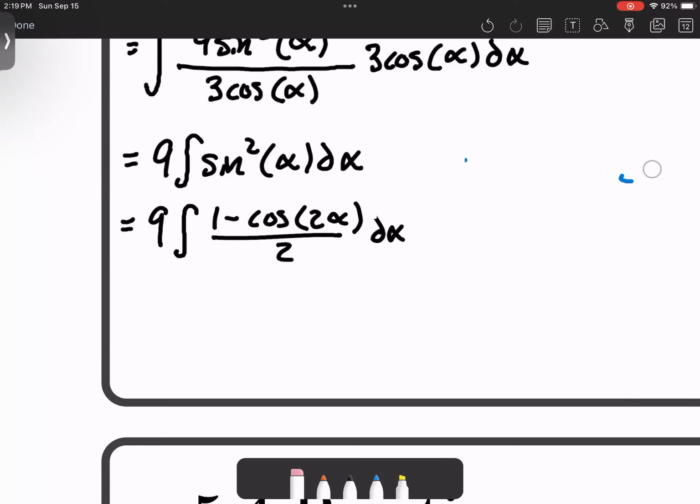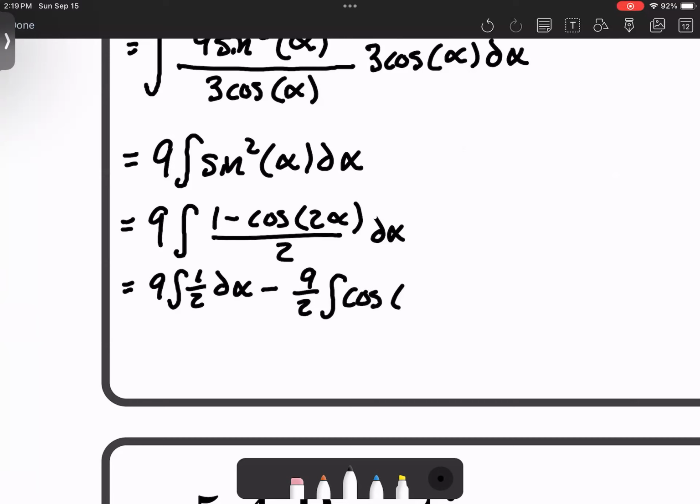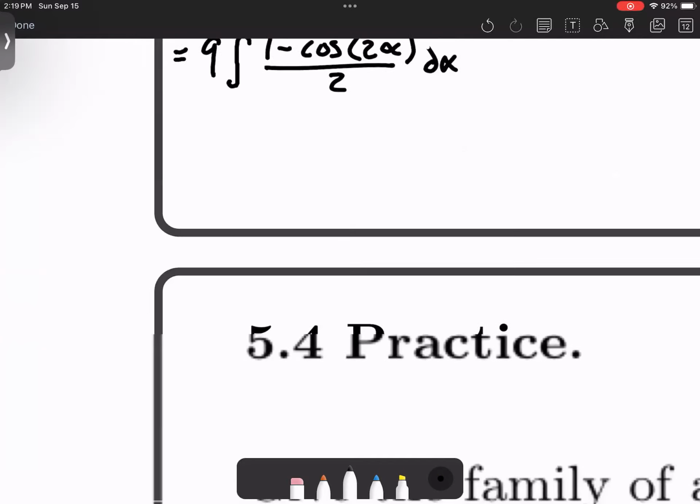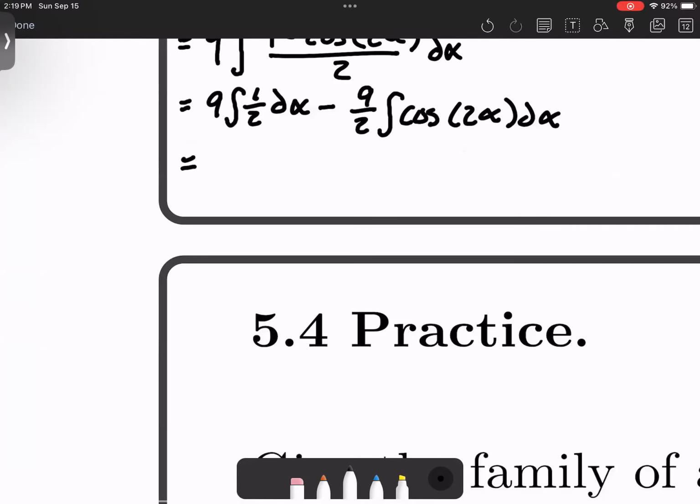So with this, we can use linearity of the integral and break this up as 9 times the integral of 1/2 minus 9 over 2 times the integral of cosine of 2 alpha. And now that we're here, an integral of 1/2 just becomes alpha.